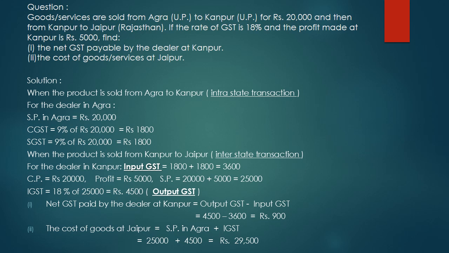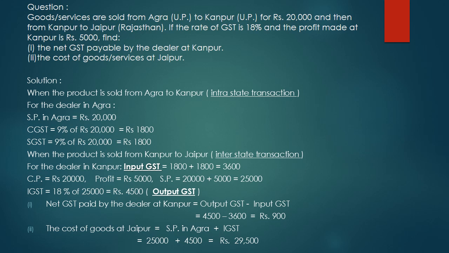Then IGST will be calculated on this total selling price, which is 25,000 rupees. So 18% tax will be calculated on 25,000 rupees. So IGST is equal to 18% of 25,000, which is equal to 4,500 rupees, which will be known as output GST. So the answer of the first part is the net GST paid by the dealer at Kanpur.